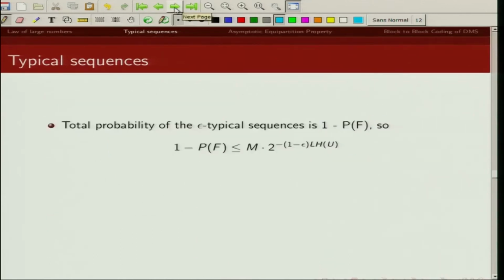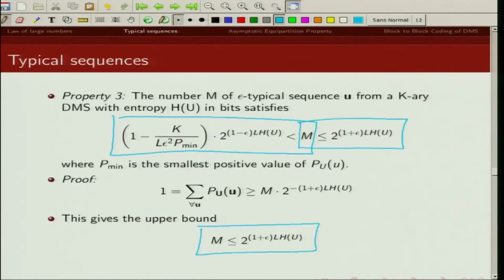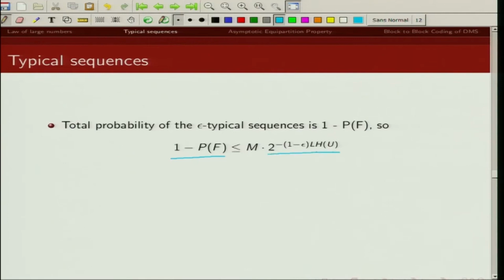Now, the total probability of epsilon typical sequences is 1 minus Pf, which, if I replace P(u) by its upper bound given by this quantity, is upper bounded by M times the probability of occurrence of a typical sequence.